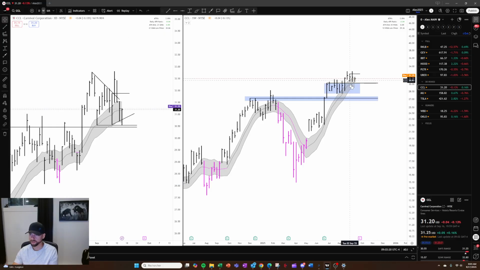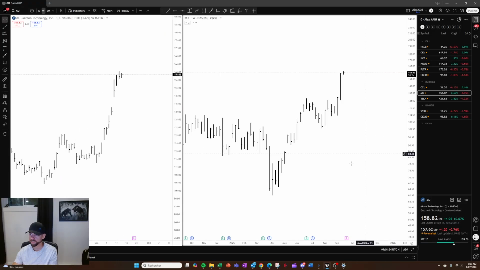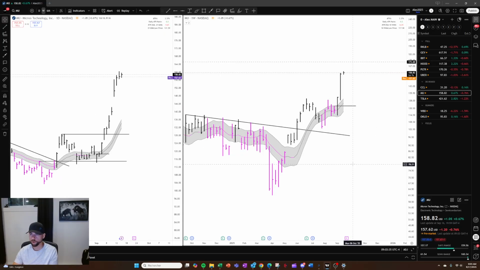CCL, that trade is de-risked, so I'm playing this against the weekly structure. Still acting good, still in that base on base setup as well, right above the 10-week moving average. So nothing to do there. Same thing for Micron. The 2R target is hit, now it's de-risked, just trailing the weekly structure here on that trade.